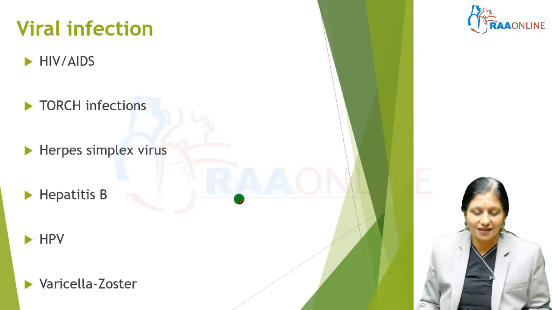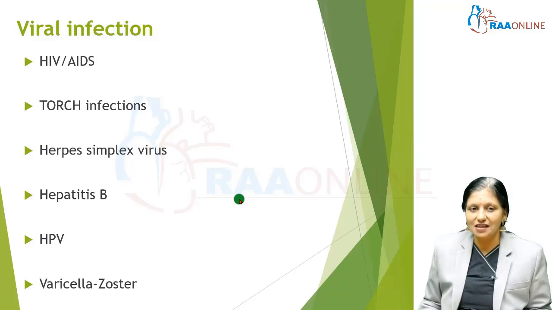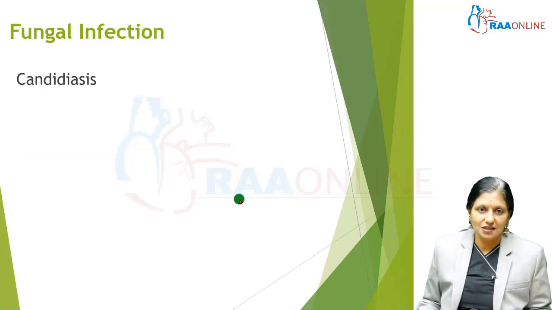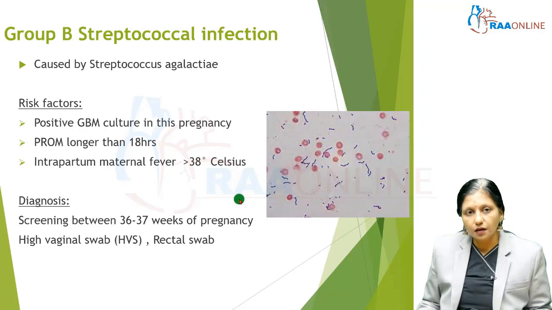Viral infections in pregnancy are commonly HIV, TORCH, which stands for Toxoplasma, others, Rubella, cytomegalovirus, and herpes. Herpes simplex virus infections, herpes zoster virus, hepatitis B, human papilloma virus, and varicella zoster virus in pregnancy. Fungal infection includes candidiasis in pregnancy, which is the most common type. Parasitic infections can be malaria or dengue.